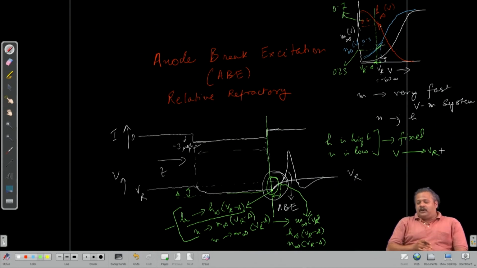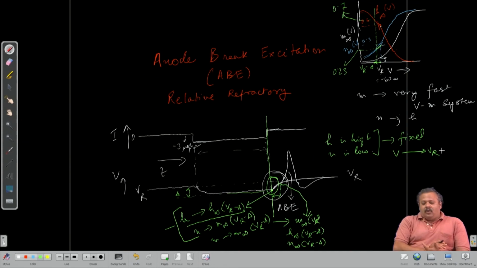However, we do not have that. H is larger than the resting value and N is lower than the resting value. So, we have a net current that is not 0. Remember, as we said, at the V rest the net current should be 0.